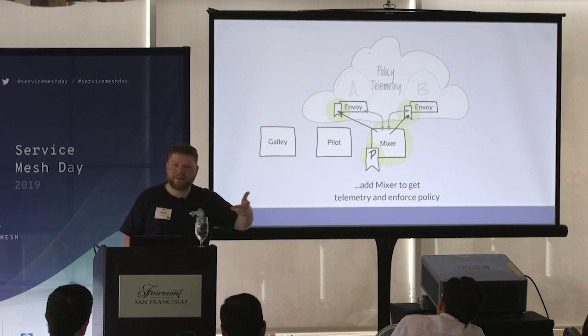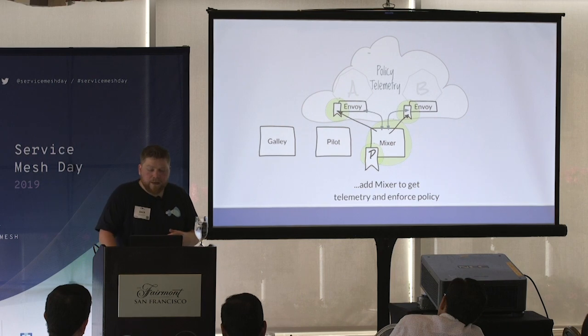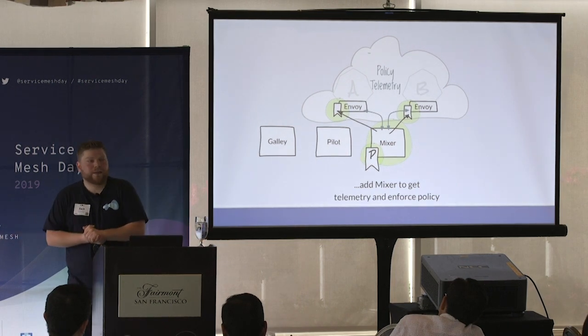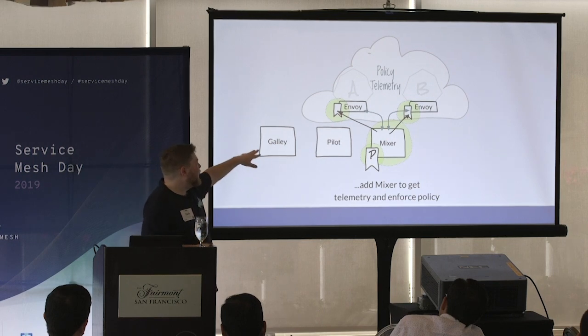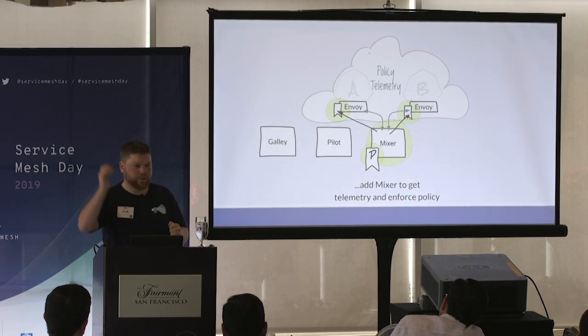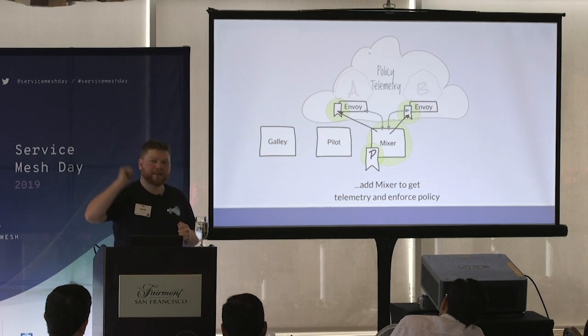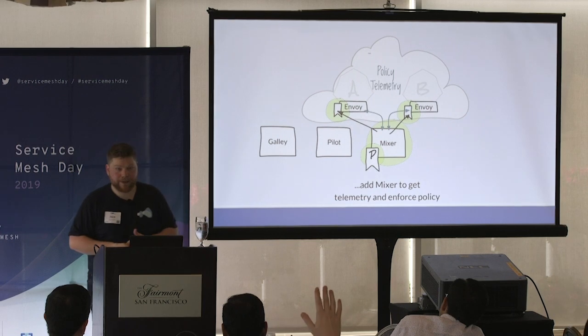Port, source and destination IPs, source and destination ports, those kinds of things. The second function that Mixer serves, and these checks happen in the context of the request, right? So Envoy will hold up a request, ask Mixer, do I allow it or not, get a response back, and then allow the traffic or disallow the traffic.